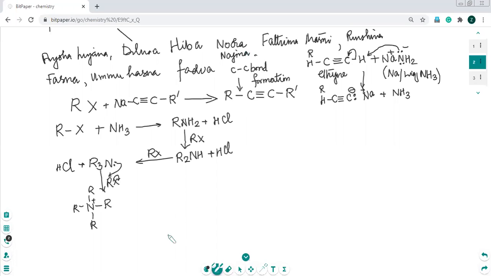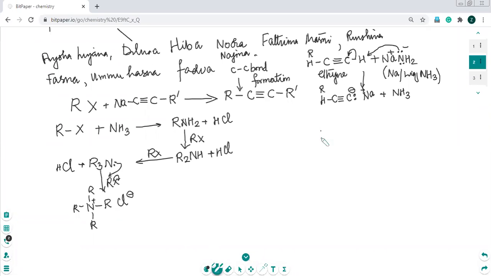This is a quaternary ammonium salt. See here, Cl minus. Okay, that is a quaternary ammonium salt, which means just like ammonium chloride.